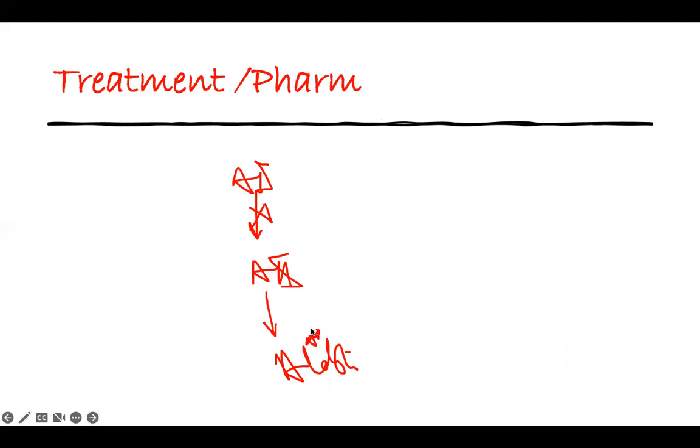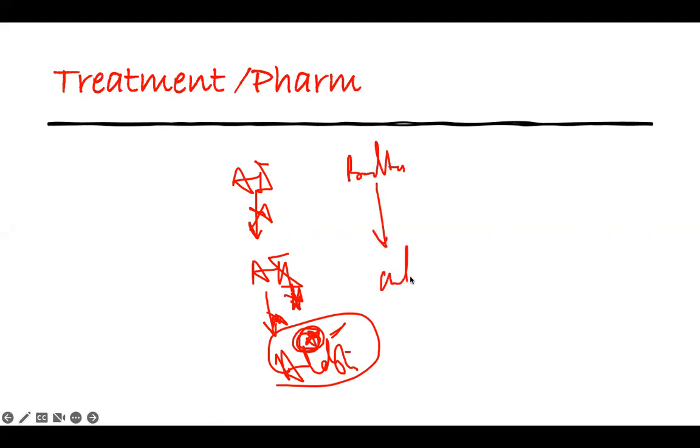It blocks angiotensin 2 from leading to aldosterone. Since it doesn't block 1 going to 2, bradykinin can become an inactive form. Therefore, there is no cough.